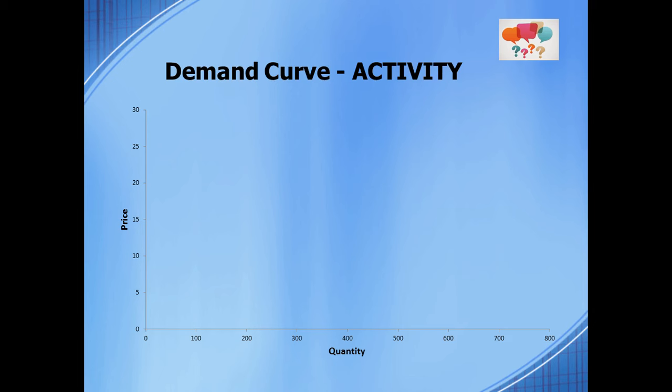So here we've plotted this, and you can see that 100 units are sold when the price is £25, and that 700 units are sold when the price is £5. Don't worry if you can't see this immediately, because this is something we'll be discussing and doing some work on in the session next week.